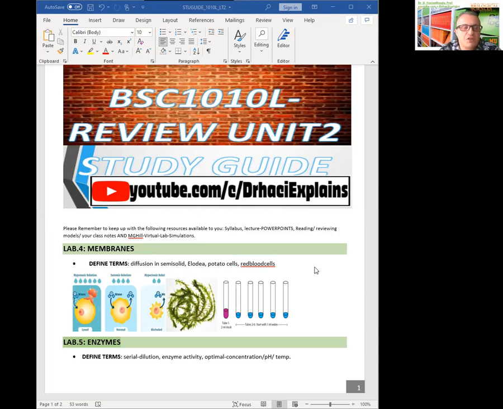Serial dilution is when you have a stock solution and you dilute it in a series of dilutions, to get a series of test tubes with different concentrations, all the way to 0, so that you can have a nice curve to calculate. It's not just specific to here. We use this same serial dilution in the next lab, which is the Enzymes Lab.